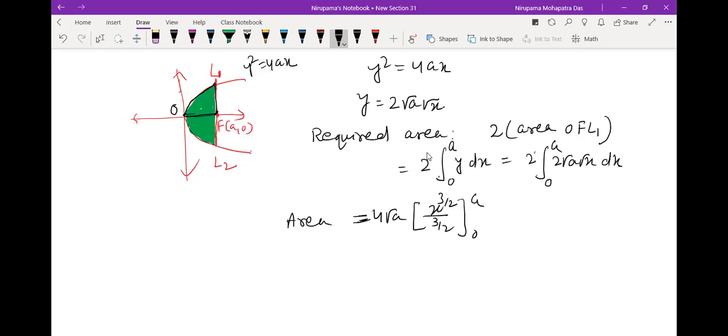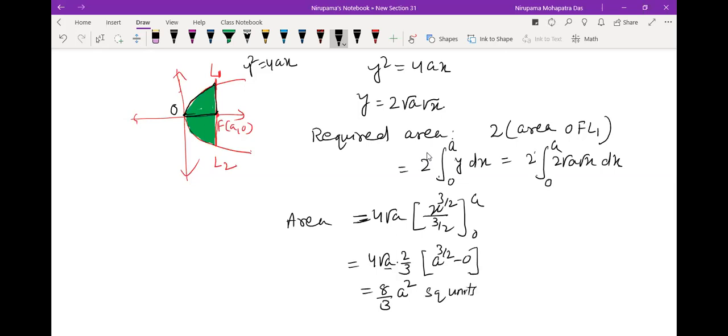So we can write 4 root a times 2 by 3, times a to the power 3 by 2 minus 0. So you are getting 8 by 3, root a times a to the power 3 by 2. So a to the power 1 by 2 times a to the power 3 by 2 is a square. So the area is 8 by 3 a square units.